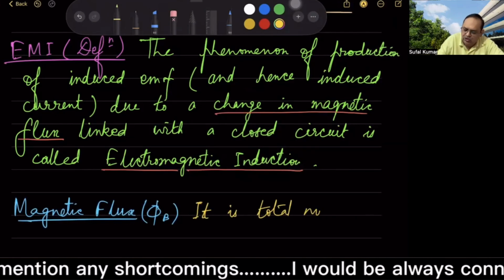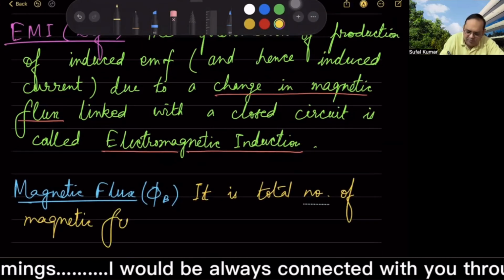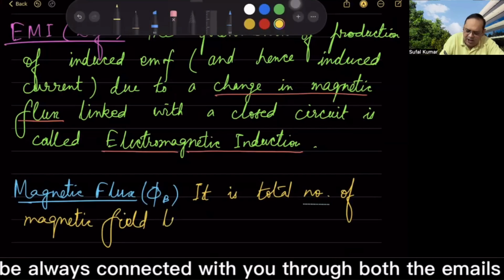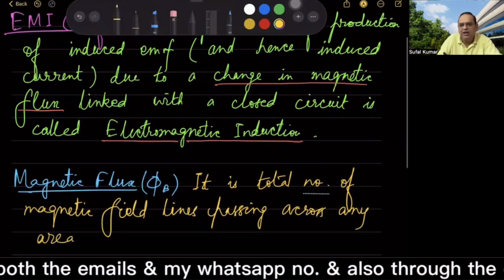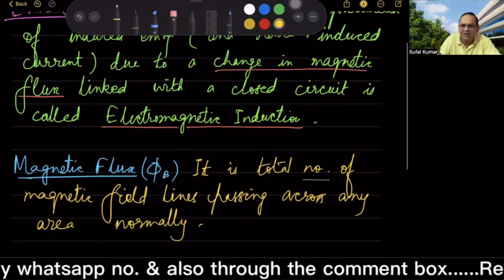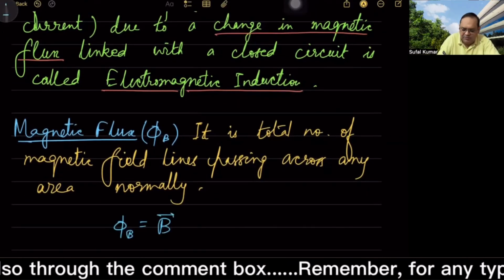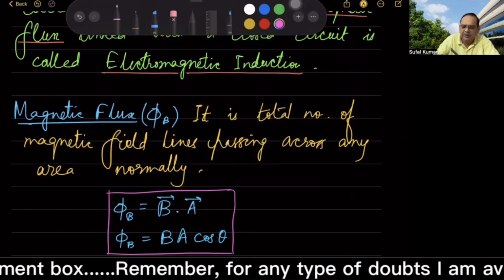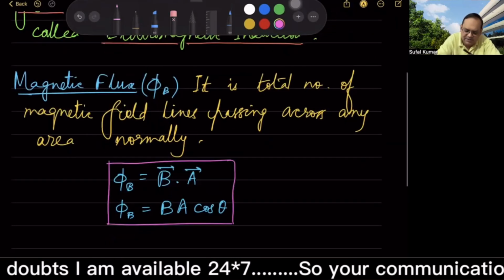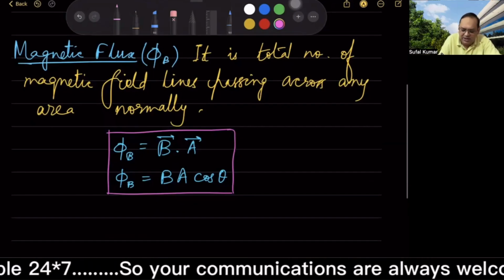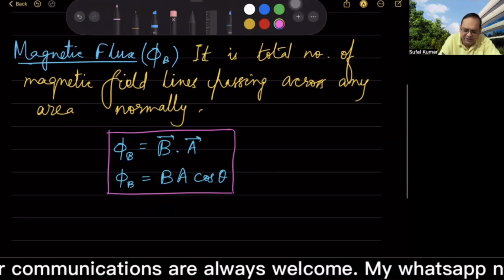It is the total number of magnetic field lines passing across any area normally. Mathematically, it is B dot A. It is similar to electric flux in electrostatics, but here obviously the SI unit would be changed.